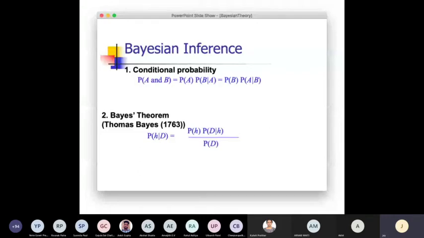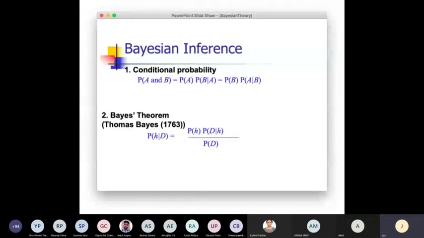So for Bayesian inference, we apply Bayes theorem, which we discussed in the previous topic. You can see that this theorem is a simple explanation of the definitions of conditional probability and their relationships.